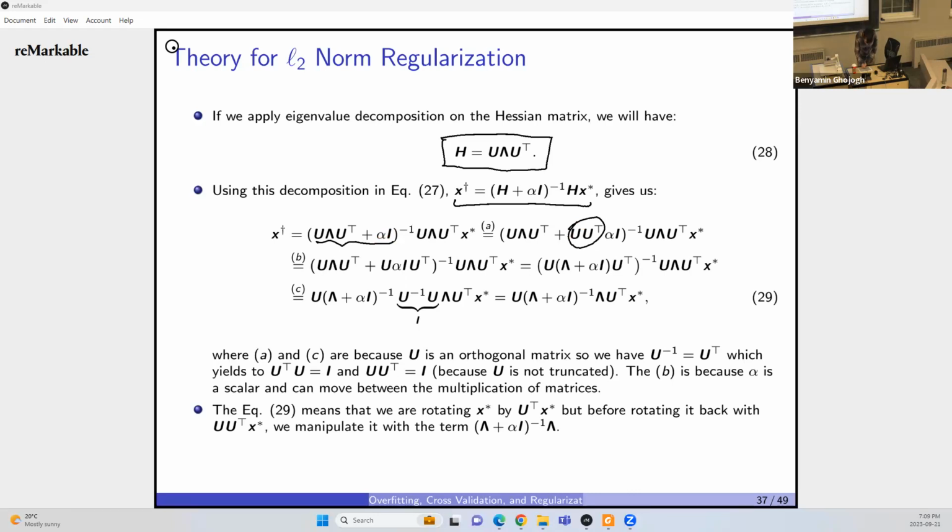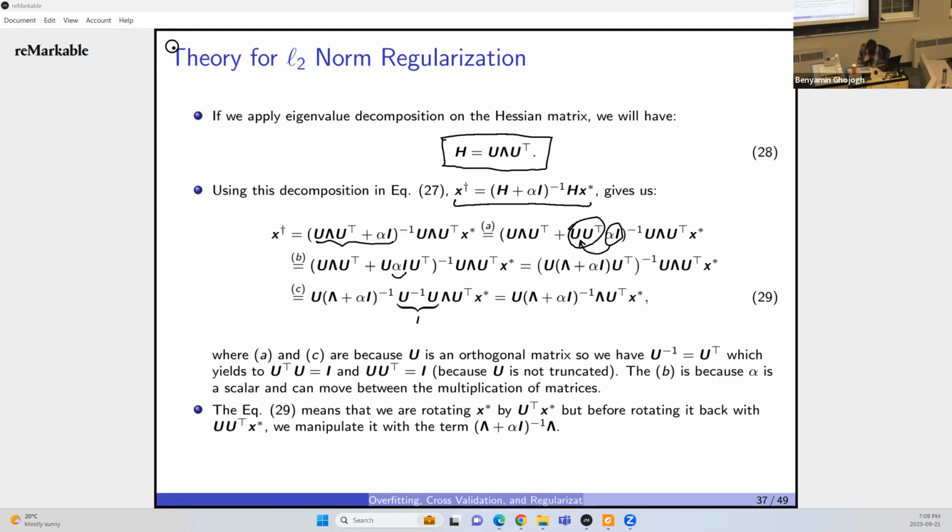And then why am I doing that? Because here I have U, I also want to have U here, so I can left factor it out. This is the reason. Now, do you agree that I can bring this alpha I in between, because alpha is a scalar, and there is an I in between, because I doesn't do anything in matrix multiplication.